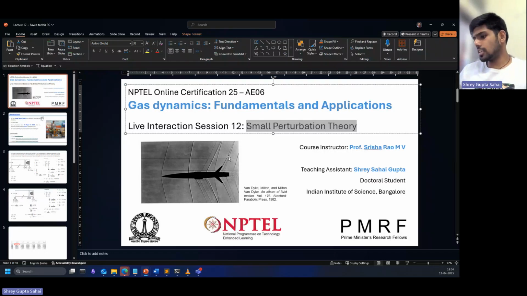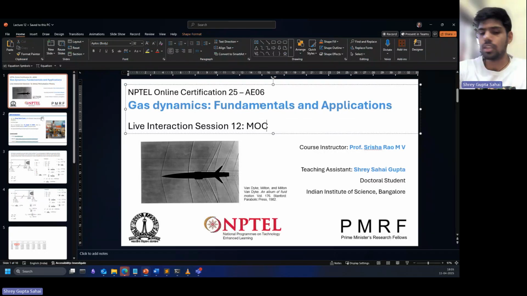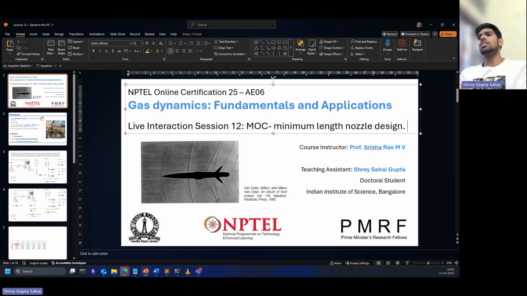So today is session 12. We'll be looking at MOC, specifically minimum length nozzle design. And that is a good illustration to go about this MOC method.